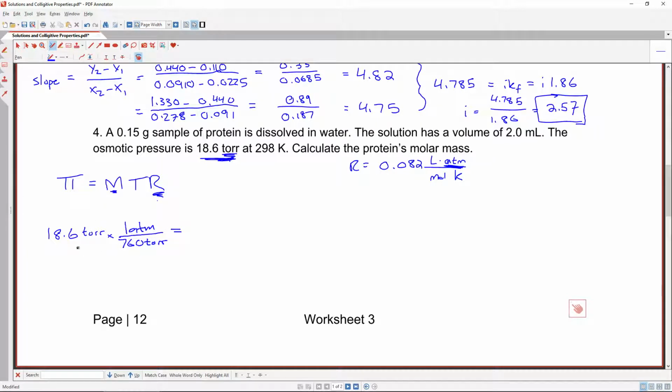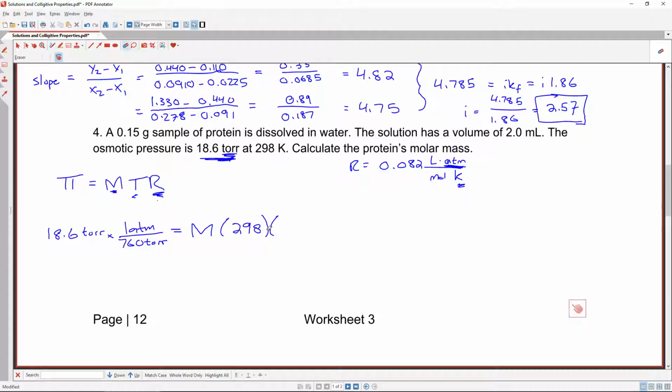So that's my osmotic pressure is equal to the molarity of the protein times the temperature. I know the temperature. And also in our gas constant, the temperature is in Kelvin. So this temperature right here has to be in Kelvin as well, right? Celsius and Kelvin, when they're multiplied, do not cancel out.